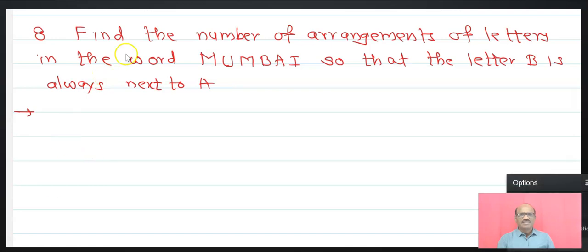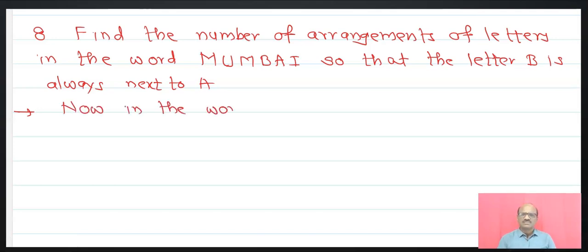Now see this again. Find the number of arrangements of the letters in the word Mumbai so that the letter B is always next to A. Whatever that B, A or AB is, it is considered as one unit.